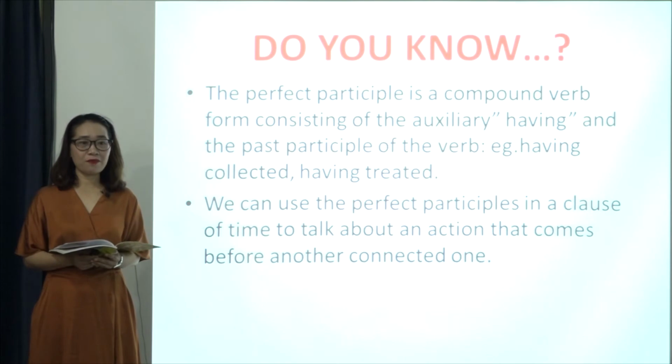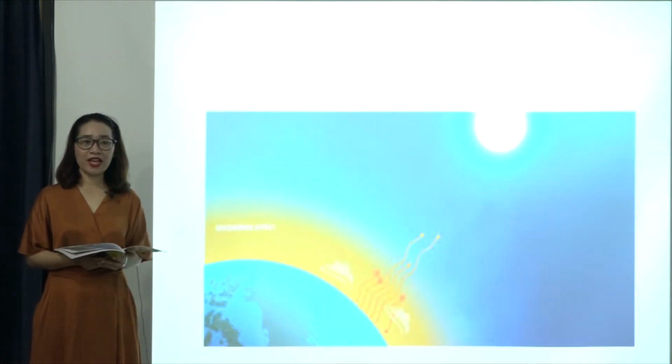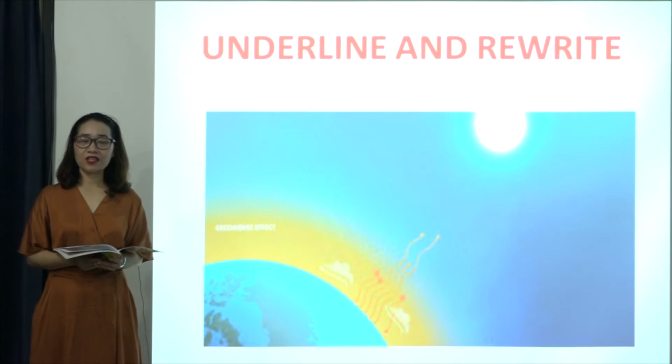And we can use the perfect participle in clauses of time to talk about an action that comes before another one. And we can also use the perfect participle clause to talk about the reason for the action in the main clause. And now we come to do the exercise, underline and rewrite.